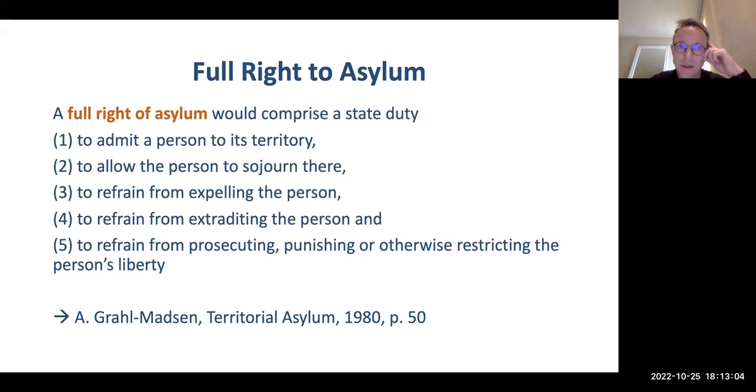That is unfortunately not the case, but in theory we would recall these as the so-called 5 steps to full rights of asylum. So: be admitted, allow a person to stay in a country, refrain from expelling a person, extraditing a person, and also prosecuting or punishing a person who is just coming seeking protection.